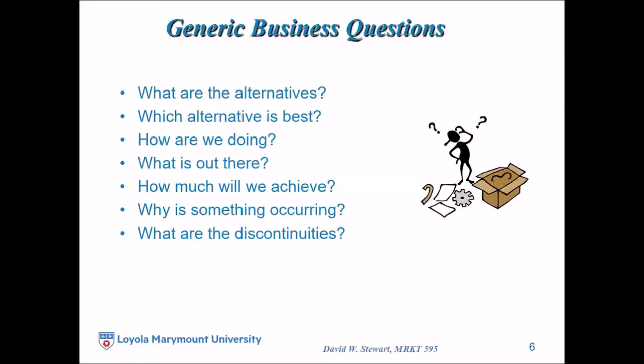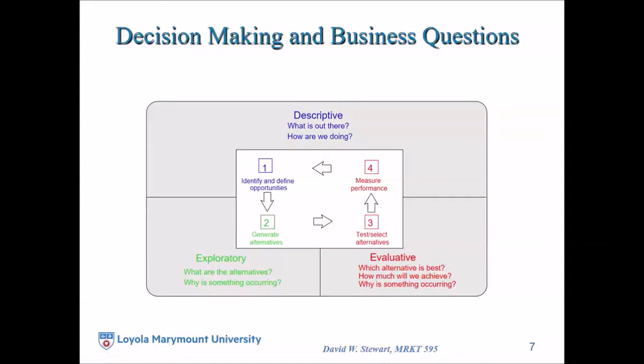And those are the kinds of things you want to look out and see if you can identify. And we can overlay those generic questions and those decision-making situations on top of one another and really identify kind of three broad areas where we need measures. There are things about what's out there, how are we doing, that relate to opportunities and measure current performance.